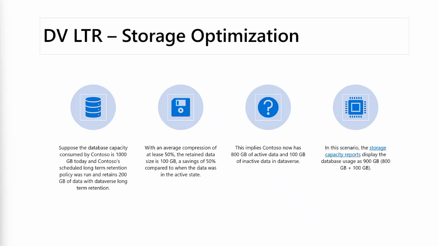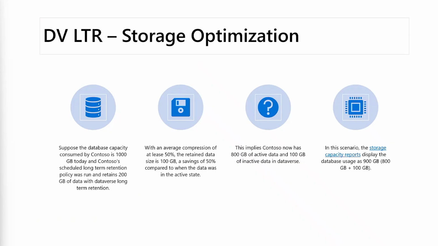So earlier Contoso had 1,000 GB. Now we move 200 GB out of that 1,000 GB to the cold storage. This 200 GB became 100 GB. Effectively, Contoso will now have 800 GB on active storage, 100 GB on cold storage, and in total they will be paying for 900 GB. So in reality they will be saving 100 GB.